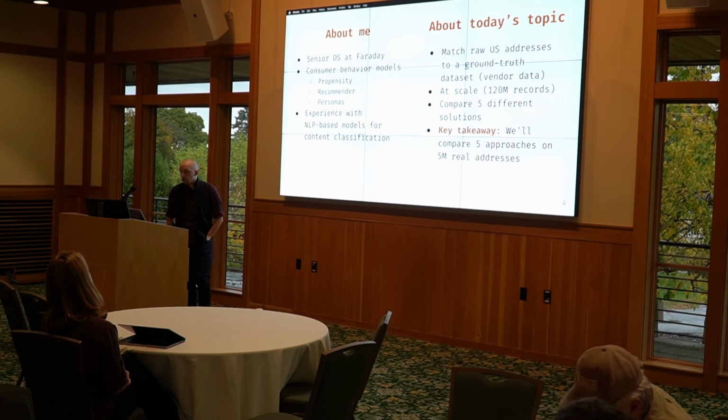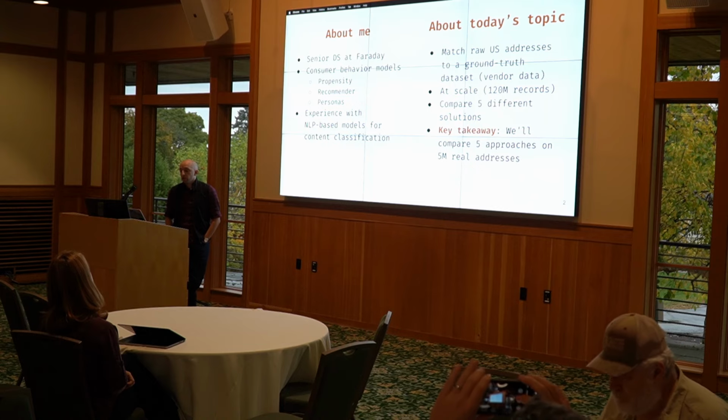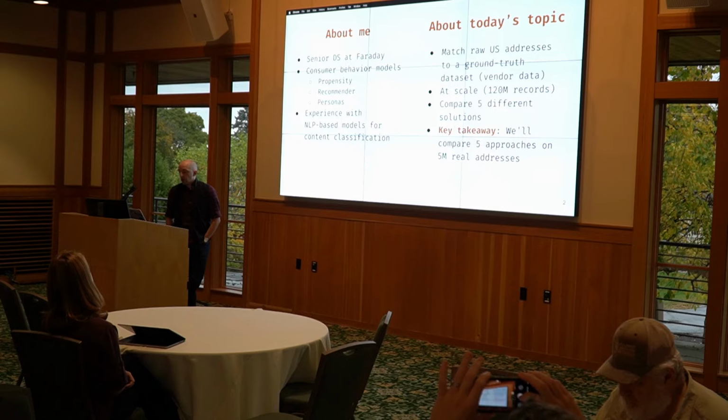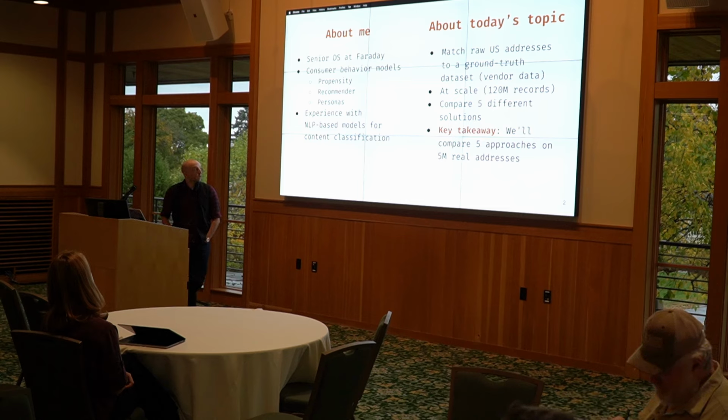And so for today's topic, our data set is going to be a few millions of raw US addresses that we want to match against a ground truth. We have about 120 million clean addresses that are basically our database. And our goal is that whenever a client comes in and sends us some data, we want to append some features to the data.